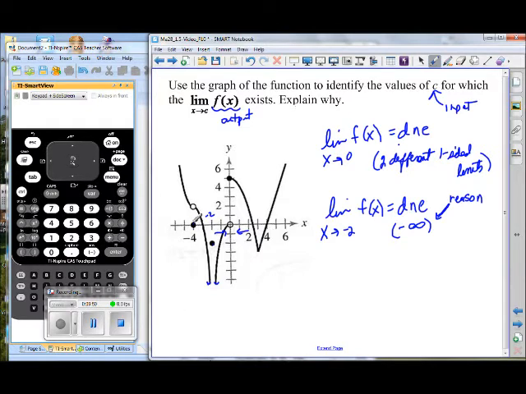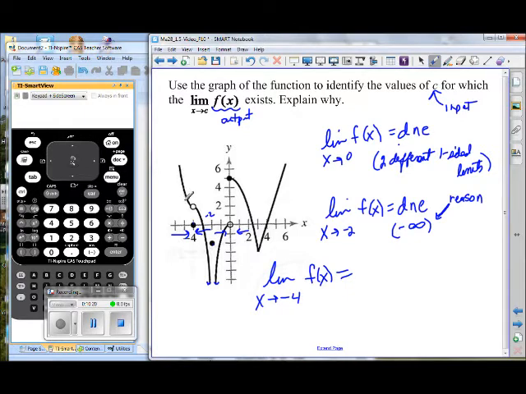Well, you might be tempted to say -4, but let's take a look at that. The limit as x approaches -4 of f of x, the limit of the output values. Let's see here. As we approach negative 4 from the less than negative 4 side, we're coming down this arm, and we come down to here. If we approach negative 4 from the greater than negative 4 side, we're coming up to here.